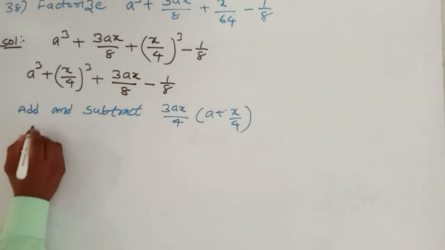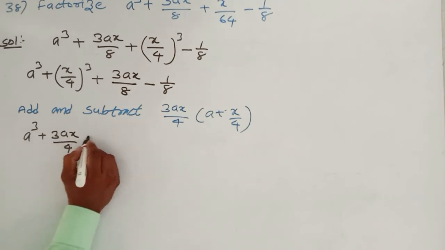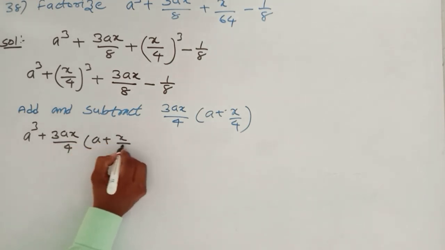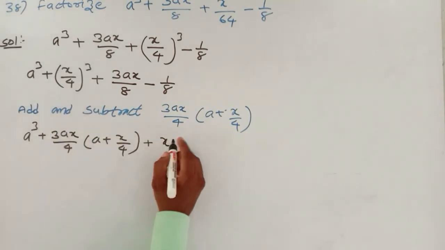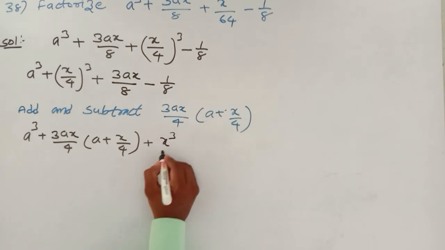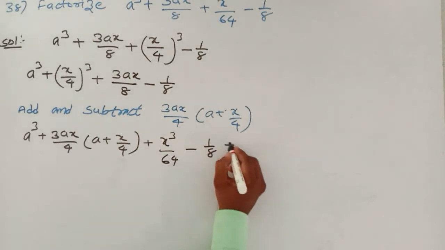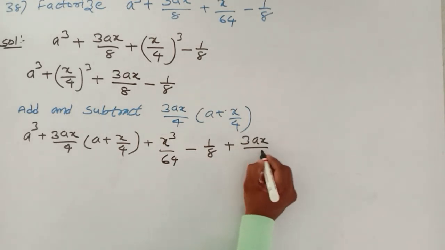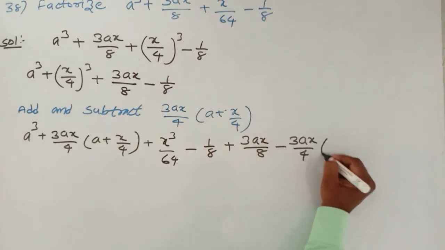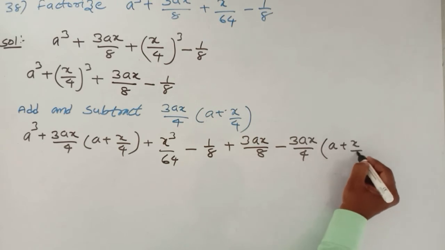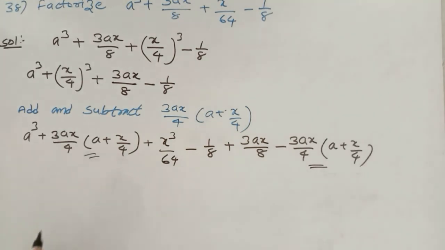That's equal to a cube plus 3ax by 4 into a plus x by 4 plus x cube, because when I am expanding this, so here x cube by 64 minus 1 by 8 plus 3ax by 8 minus 3ax by 4 into a plus x by 4. Here I am doing subtraction, here I am adding.